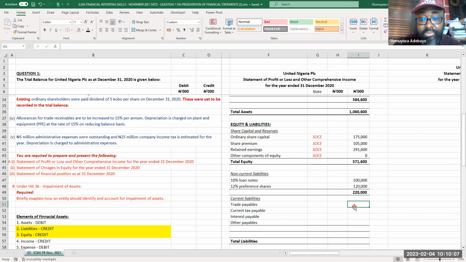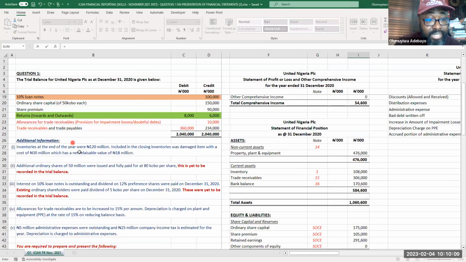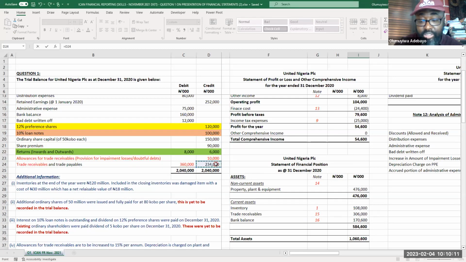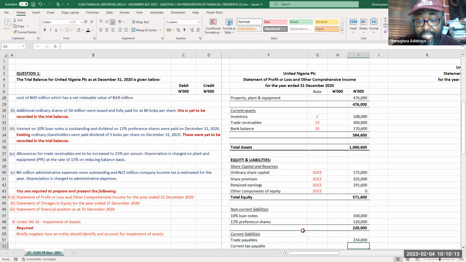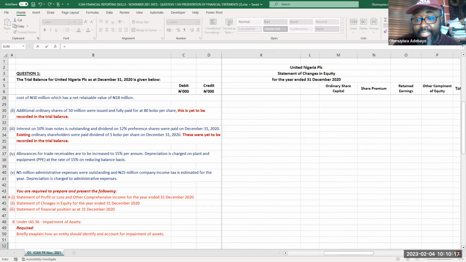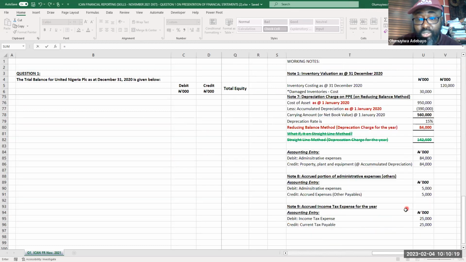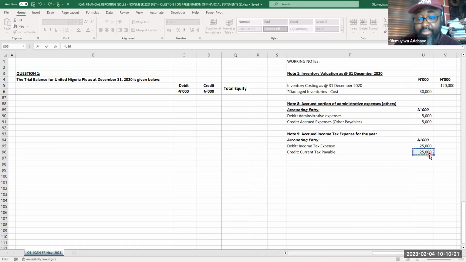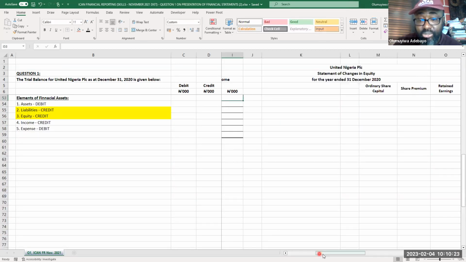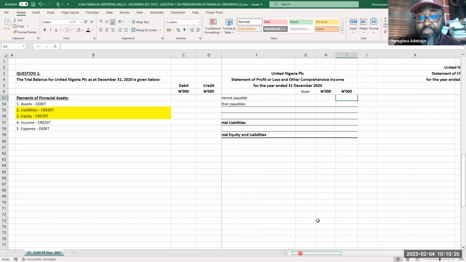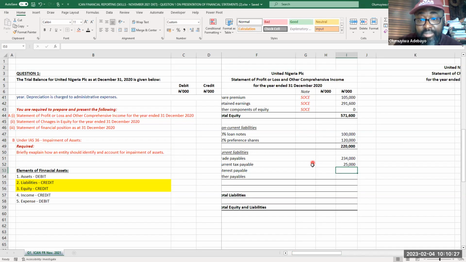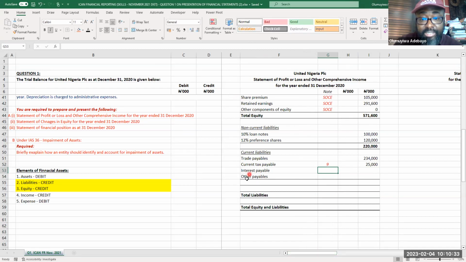My trade payable from my trial balance is 234. My current tax payable, if you remember, is note 9. Because it's yet to be paid, it's only estimated, so I'll put that as note 9. Interest payable and other payable, I think I've collapsed that.